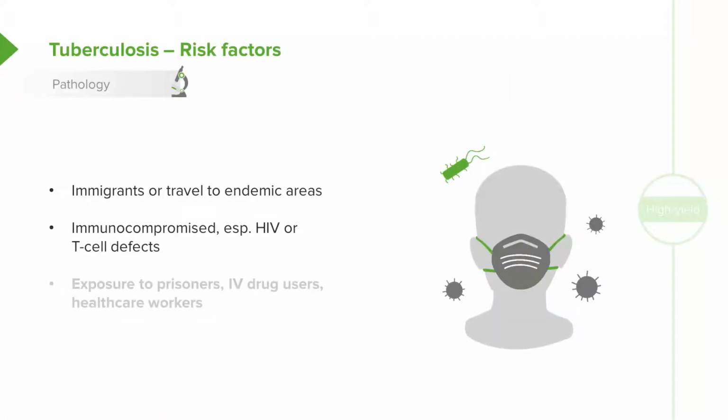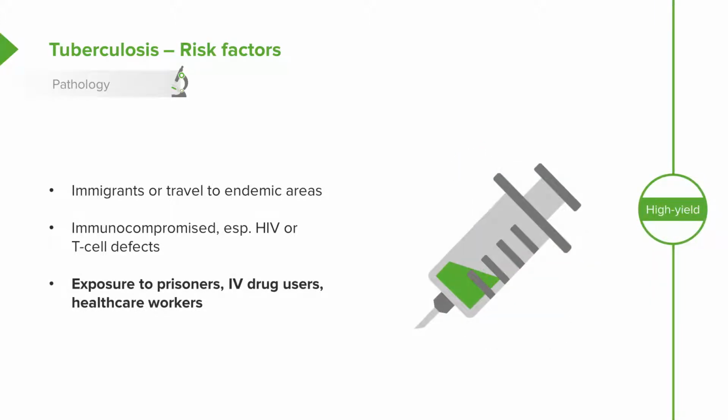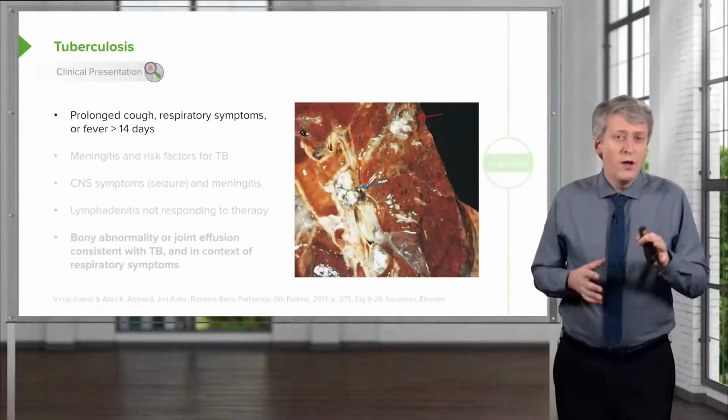TB is more likely in immunocompromised patients, especially those with HIV or inherent T-cell defects, such as severe combined immune deficiency. Also, children who have been exposed to prisoners or IV drug users or even healthcare workers are at increased risk for getting this disease. So how does it present?